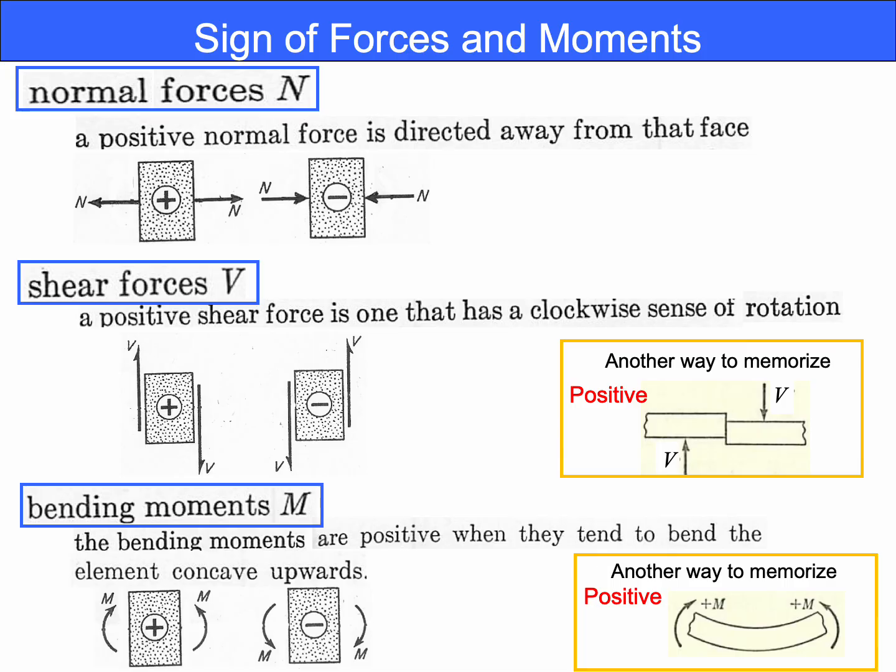Similarly, the bending moment: positive moment is defined as the moment that causes the segment to deform concave upward like this. Okay, in this case, the moment is defined to be positive. Please memorize this image.